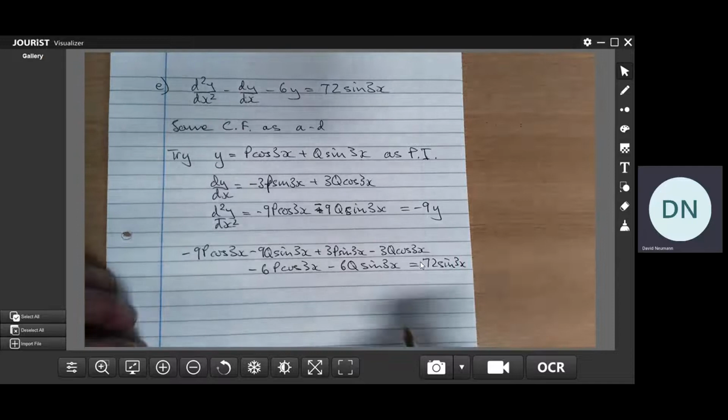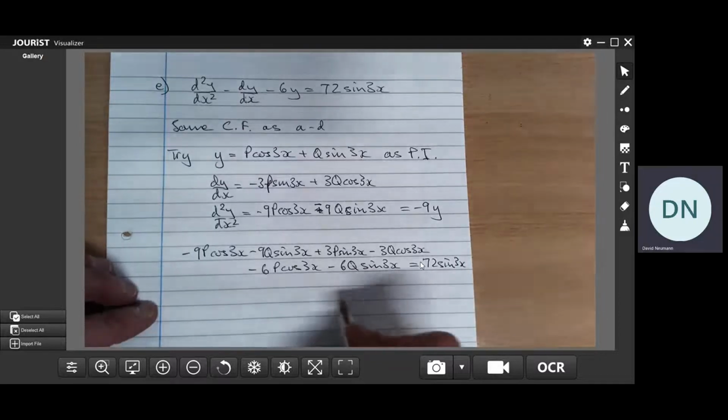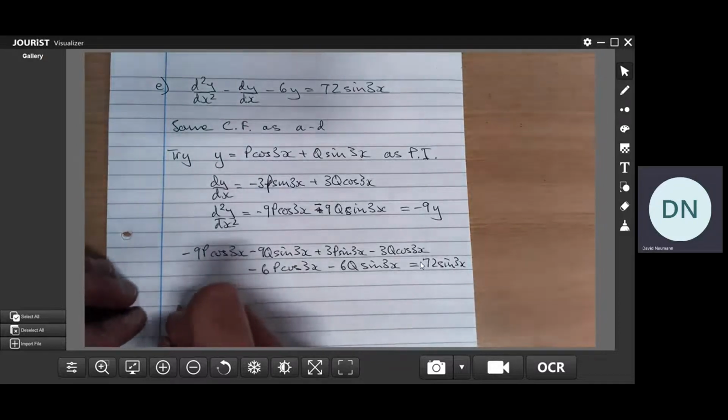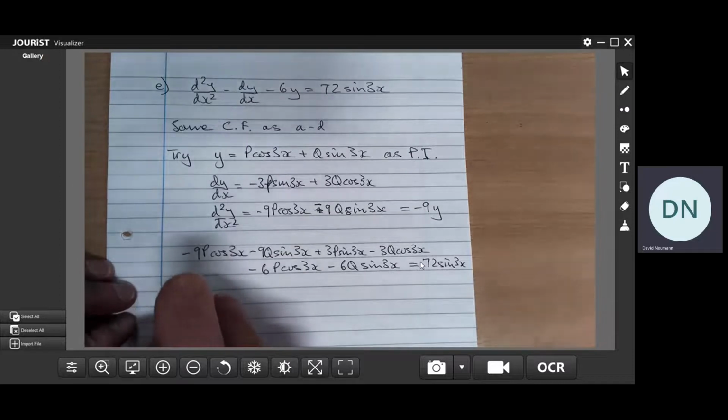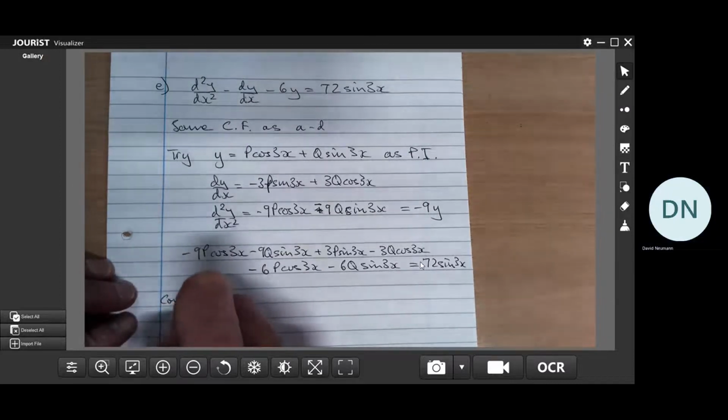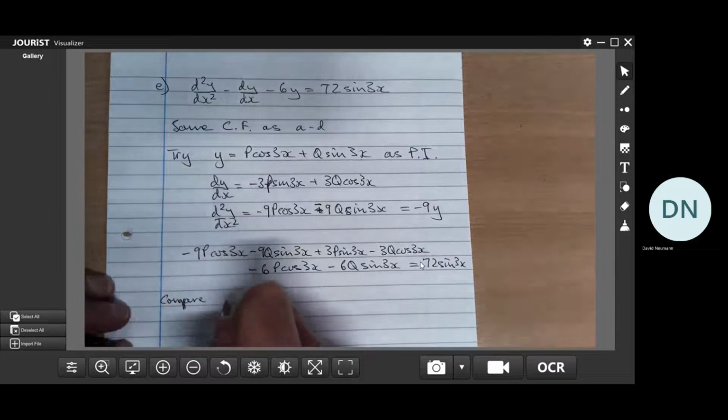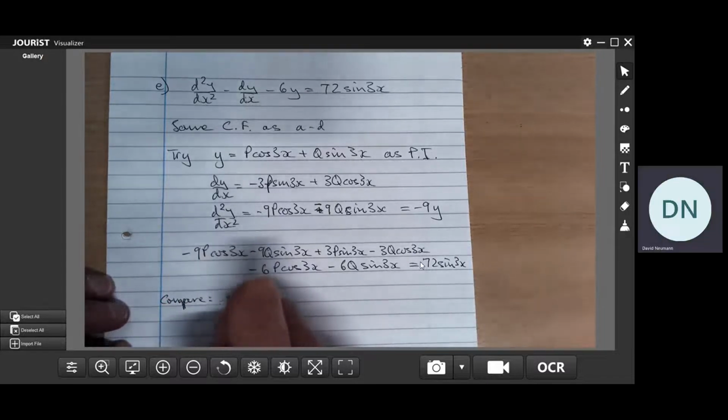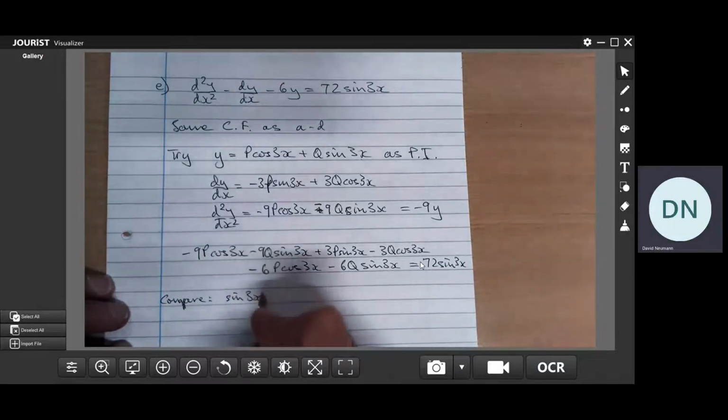We're going to compare coefficients for sine of 3x and cos of 3x. So compare sine of 3x. Well, what have we got?